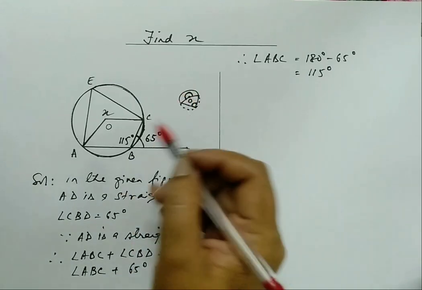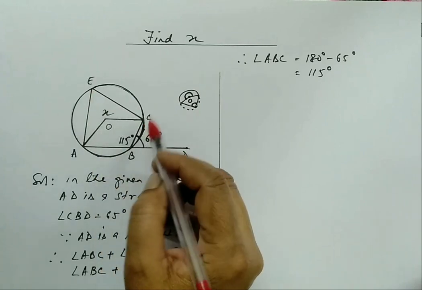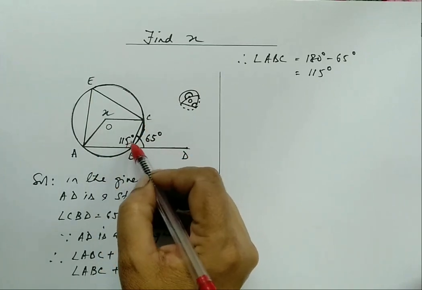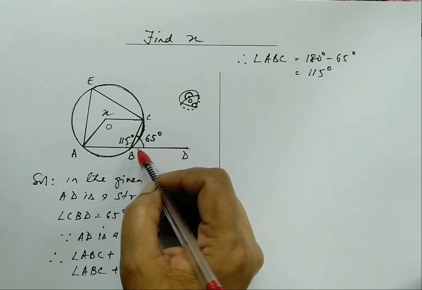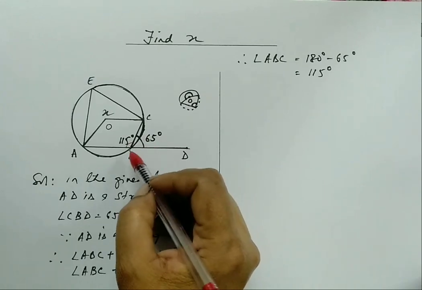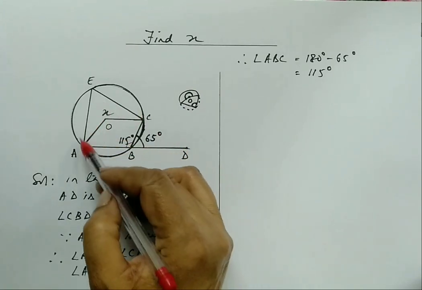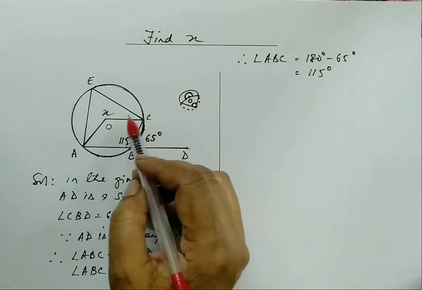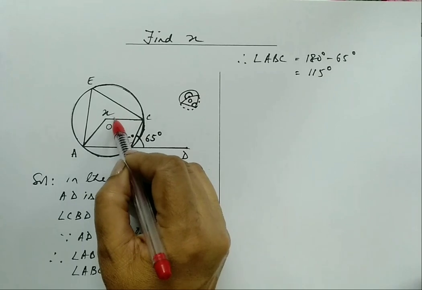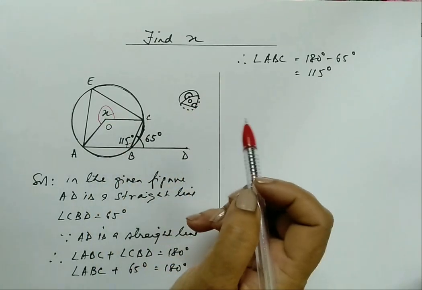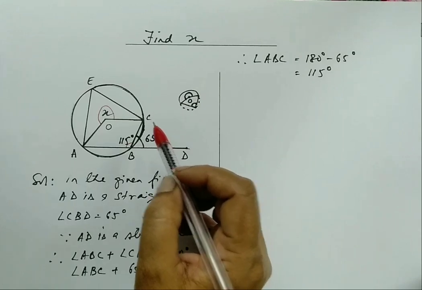So what I am trying to say is that arc AEC subtends an angle of 115 degrees at the remaining part of the circumference, but when the very same arc subtends an angle at the center, it makes an angle of X there.